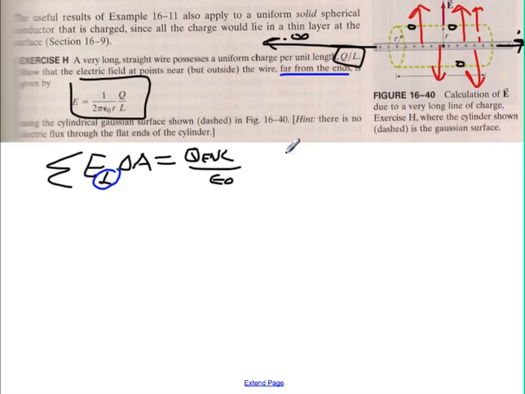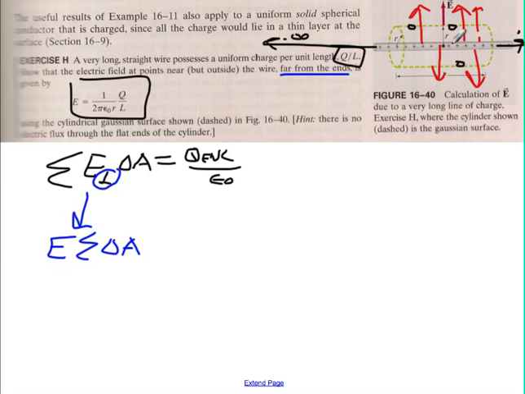Okay, so when we do this, this part is going to become, once again, uniform E coming out, so we can pull the E outside of the sum. And then we've just got to think about what area we're really doing here. Is it the entire surface area of that green cylinder that we've chosen as our Gaussian surface or not?